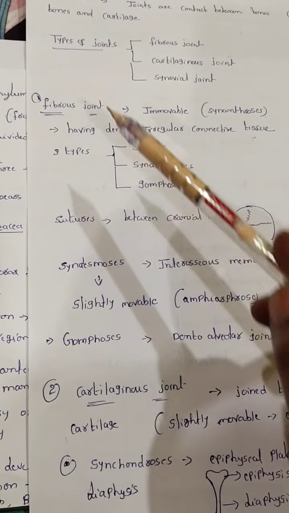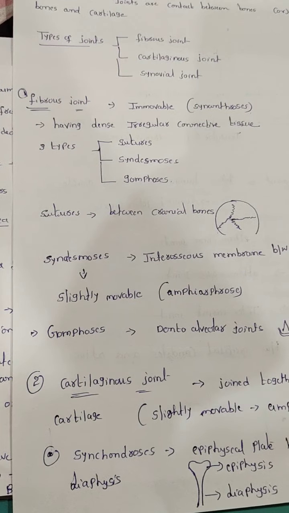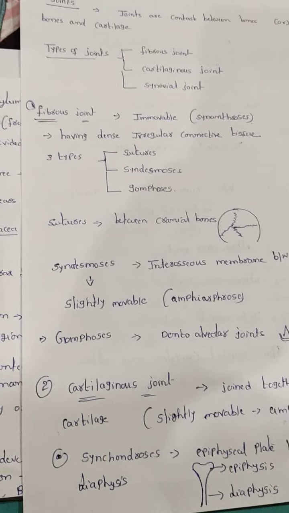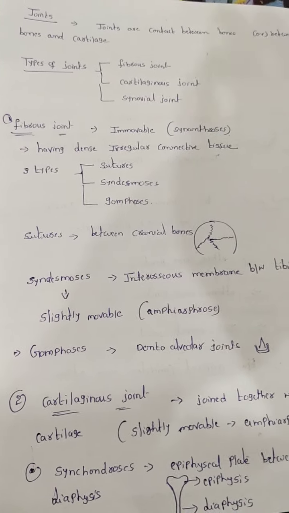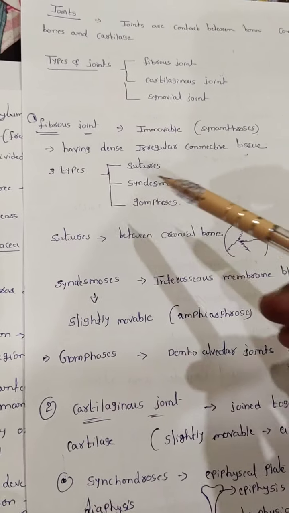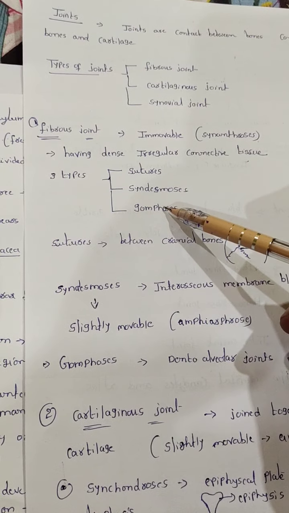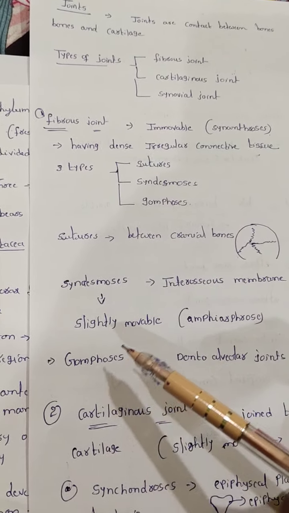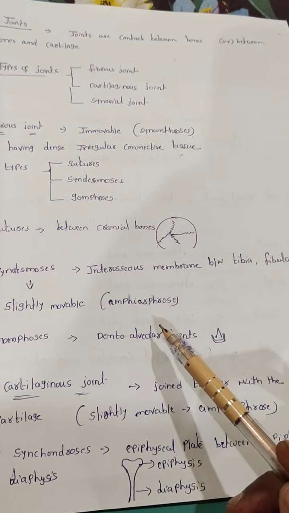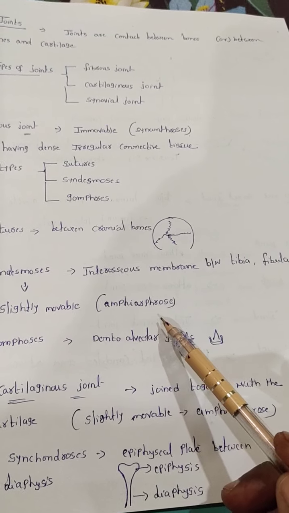It is under the fibrous joint. That is as per one exam. But as per NEET, all fibrous joints are immovable. As per the other exam, sutures and gomphosis are immovable. Syndesmosis is slightly movable. Slightly movable is also called amphiarthrosis.